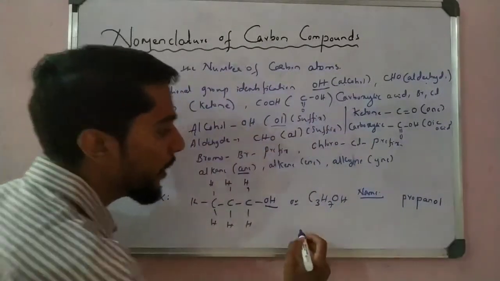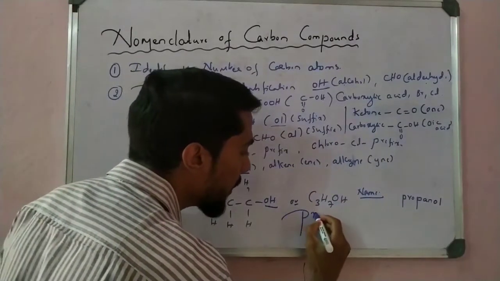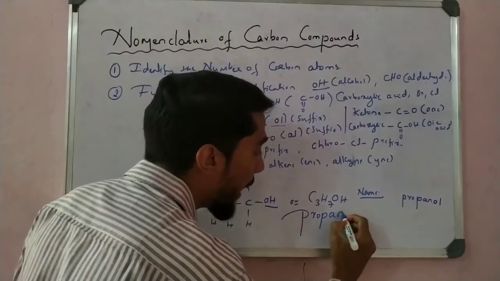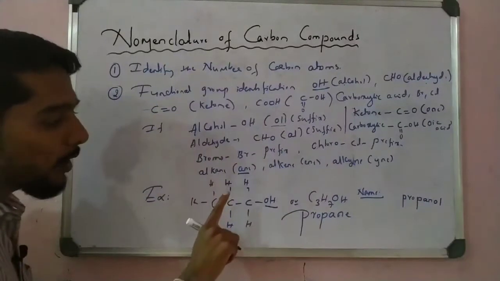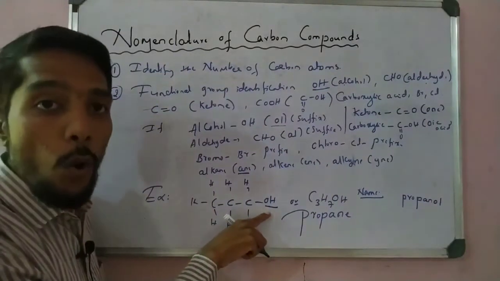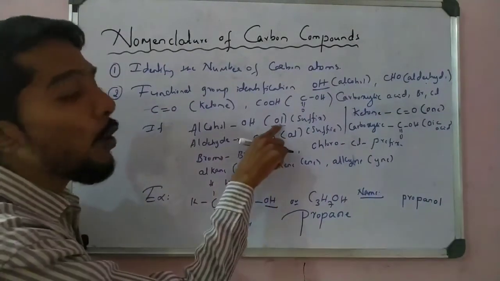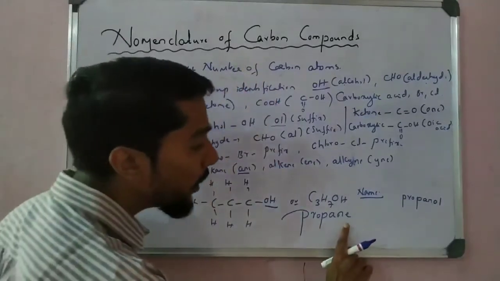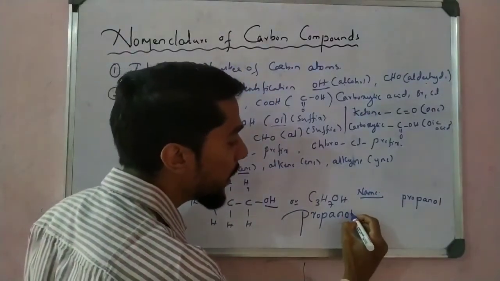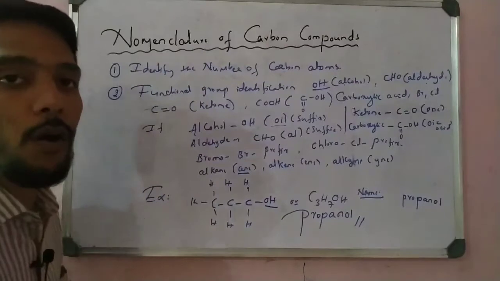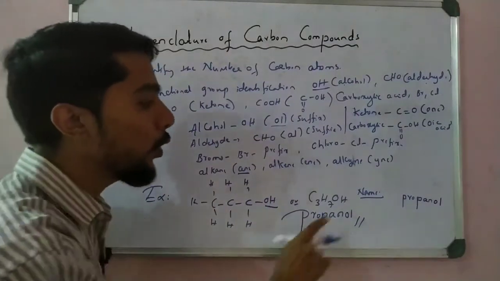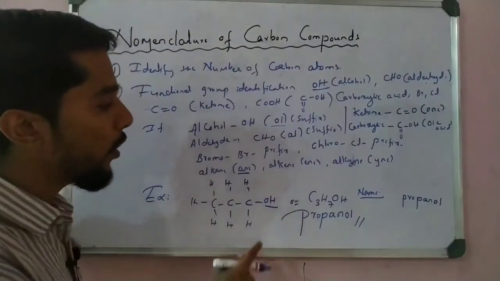Prop is for 3 carbons, ANE for alkane, single bond, but the functional group is alcohol, OH. So OH is OL. How do we write OL? By removing the last E. That is called propanol. The naming is propanol, right? Why OL? Because of OH.